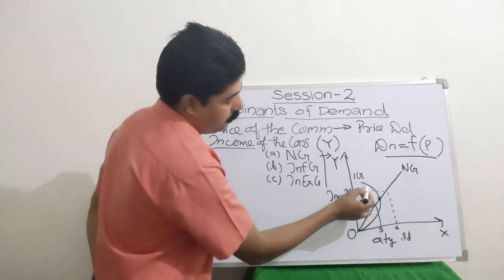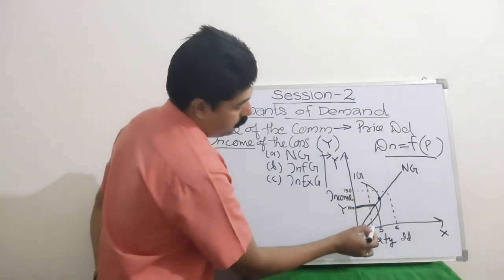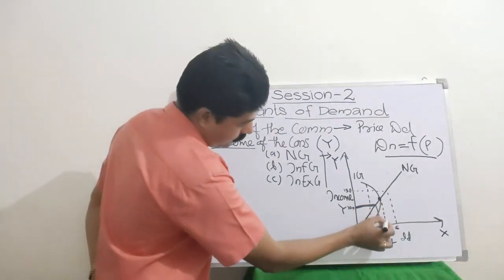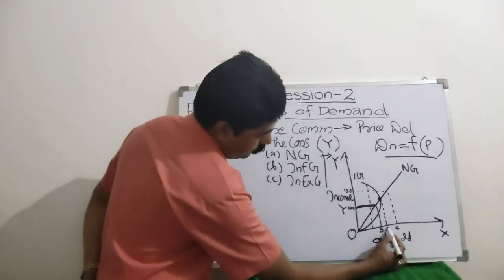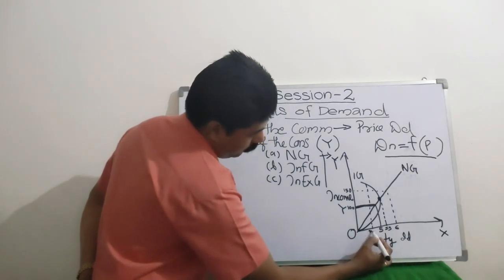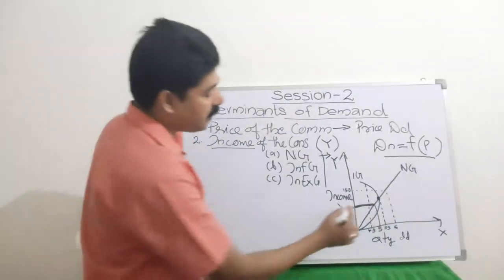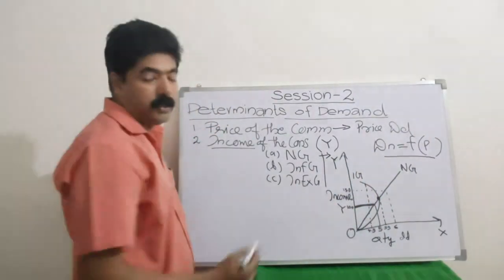If I draw vertical lines from here to here, you can see the quantity demanded decreases. Suppose this is 5.5, then this will be 4.5. So you can notice this difference in inferior goods.